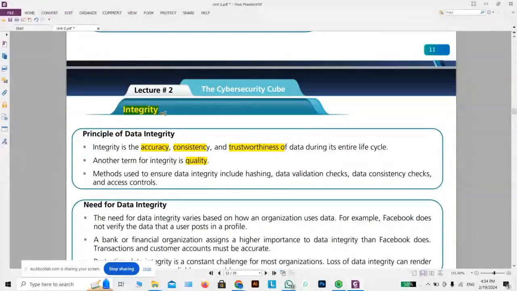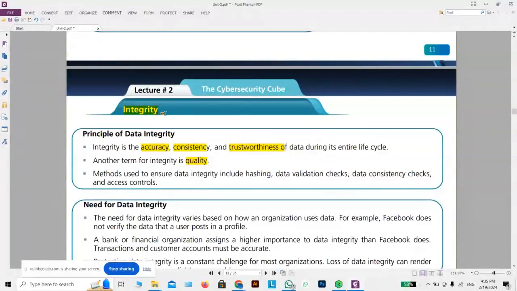Okay, as I already told you, integrity is about making sure the data being accessed is in its real form. Whenever I say maintaining data integrity, it means making sure the data belongs in its original form.